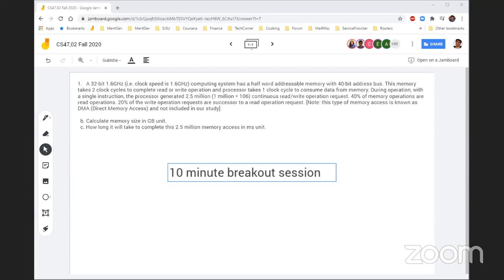Yes. I have a question. When it says processor takes 1 clock cycle, is that what we're using to multiply? That's what you'll be using for adding extra clock cycles, in situations like when a read request is completed and before the processor can issue a write request immediately after it, it needs to wait a clock cycle to consume the read data.